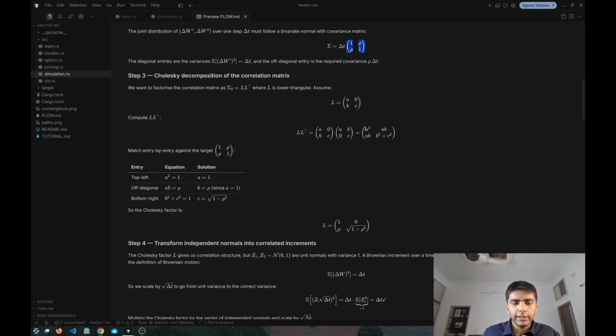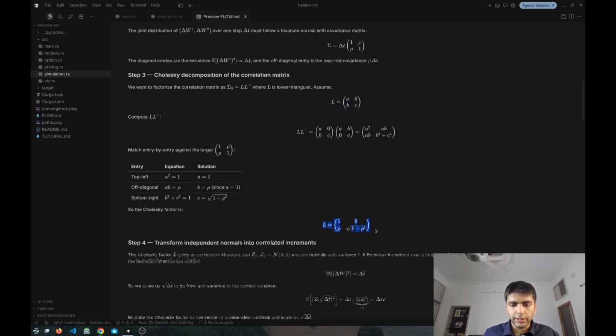Now we solve the individual cells, so a square should be equal to 1, so we got a equal to 1, and similarly for this cell, b square plus c square should be equal to 1, so we got c equal to this, and that's how we got our L equal to this particular matrix.